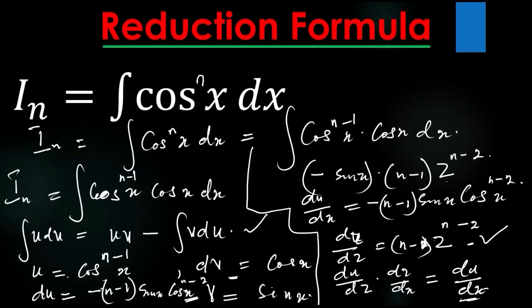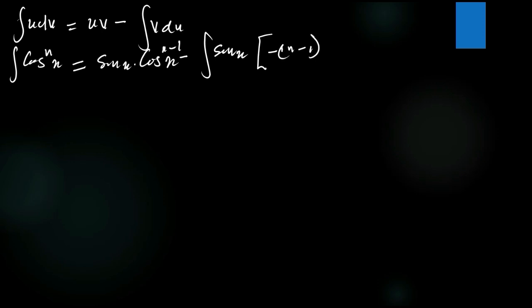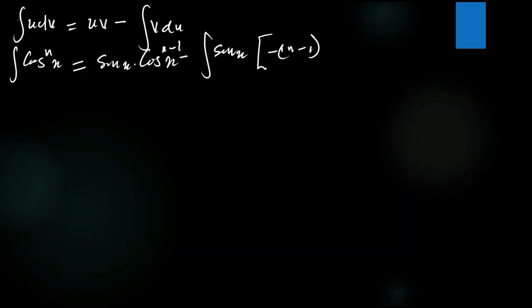Let me be sure I'm right. v is sine x and du is minus n minus 1 sine x cos x raised to power n minus 2.